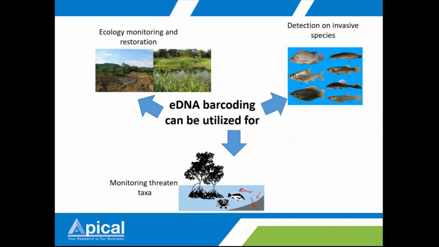For example, if there are fisheries people around here, this is a very useful method to monitor the invasive species. If you know that the number of invasive species is high, then you know you need to do something on the environment, whether you need to capture and remove all these fish.